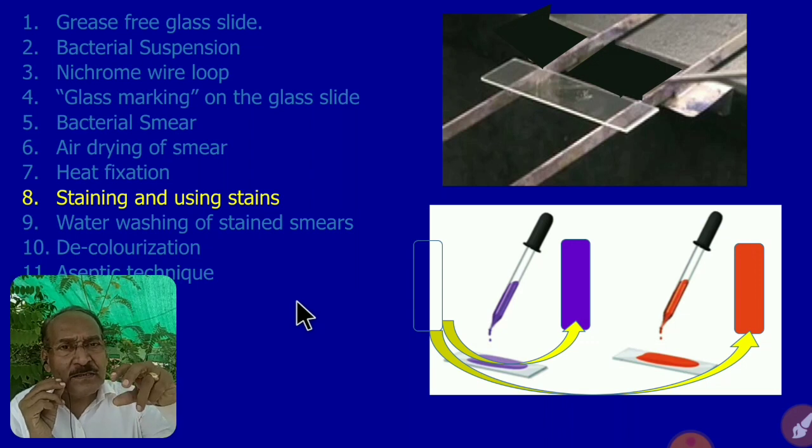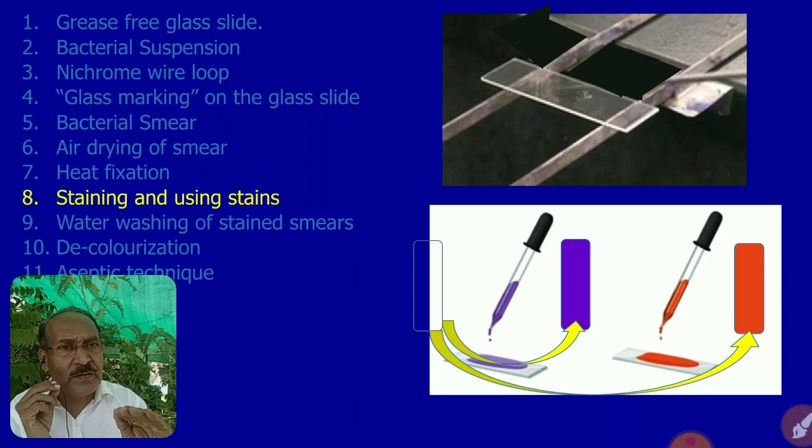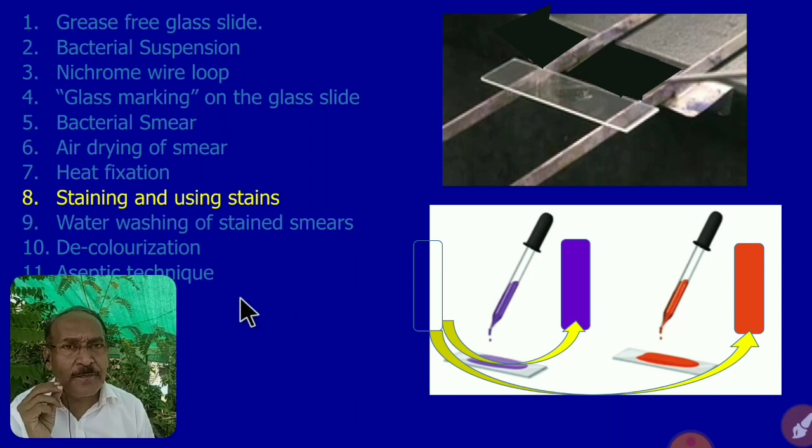Flooding smears with the selected type of stain solution for the required period of time is known as staining. During this time, the stain present on the smear shouldn't get dried off. That's why you have to flood it enough with the stain solution on the smear.